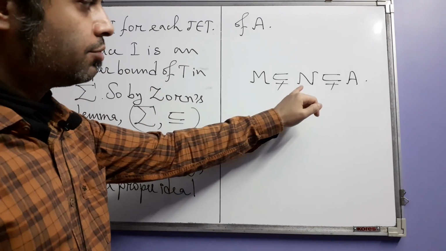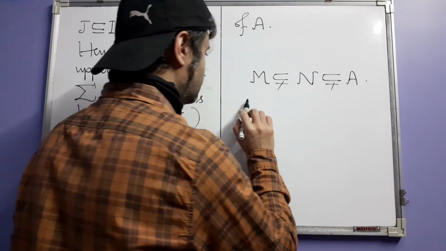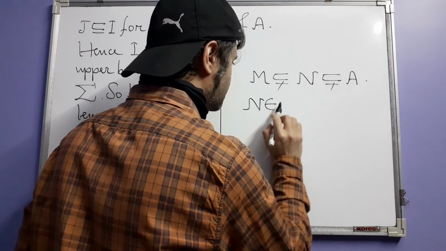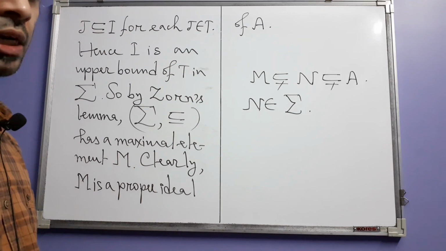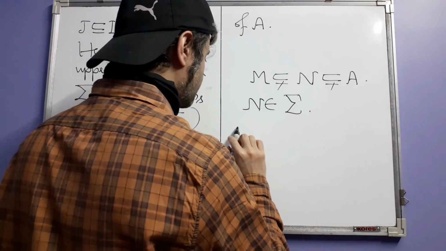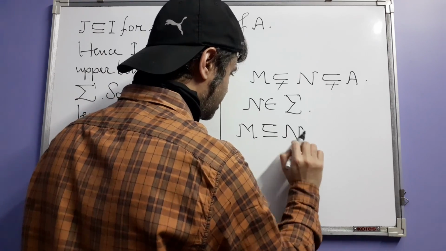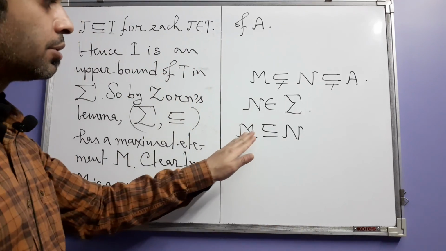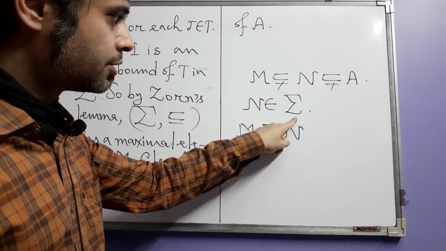Well, if N is an ideal of A of this type, if it is a proper ideal, then N obviously belongs to sigma. However, then you are getting an element N which goes beyond this leaf in this tree.